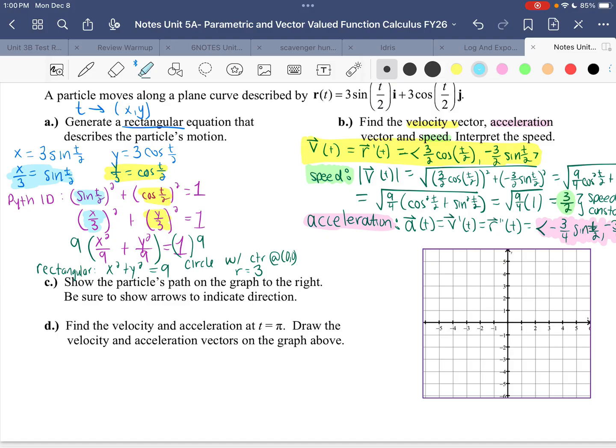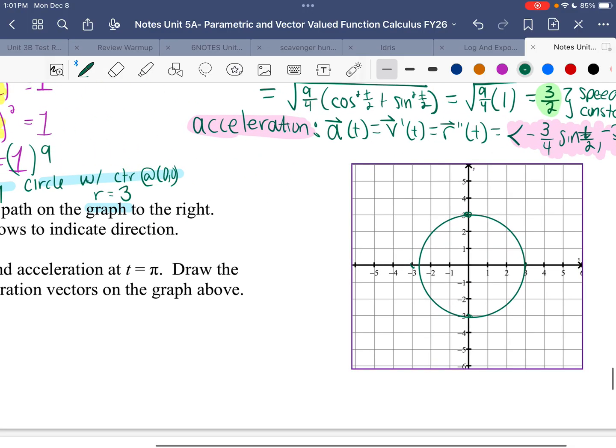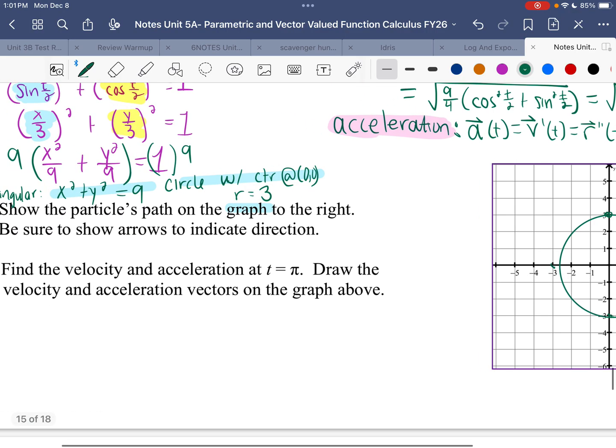So using the rectangular form, I know that I'm graphing a circle with a center at 0, 0 and a radius of 3. And finding the arrows to indicate the direction.